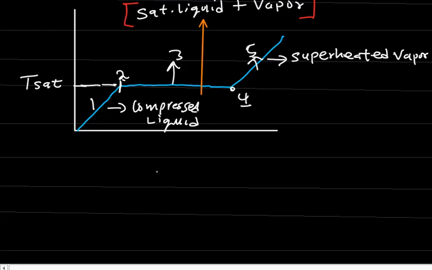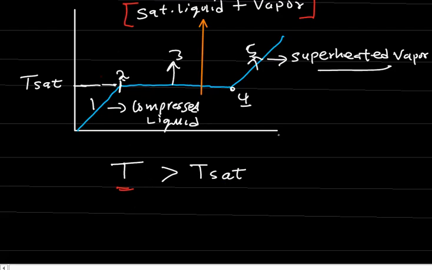The temperature of a superheated vapor is greater than Tsat. So if the temperature we measure is greater than Tsat, then we know. So these are the properties: for superheated vapor, the temperature measured is always greater than the saturated temperature.